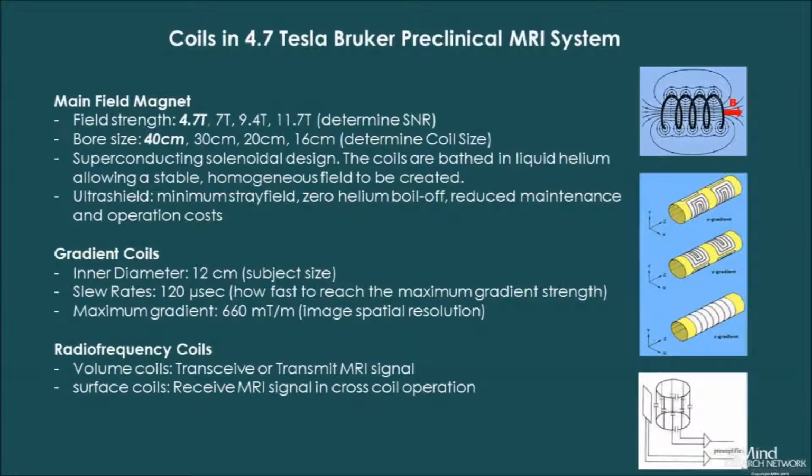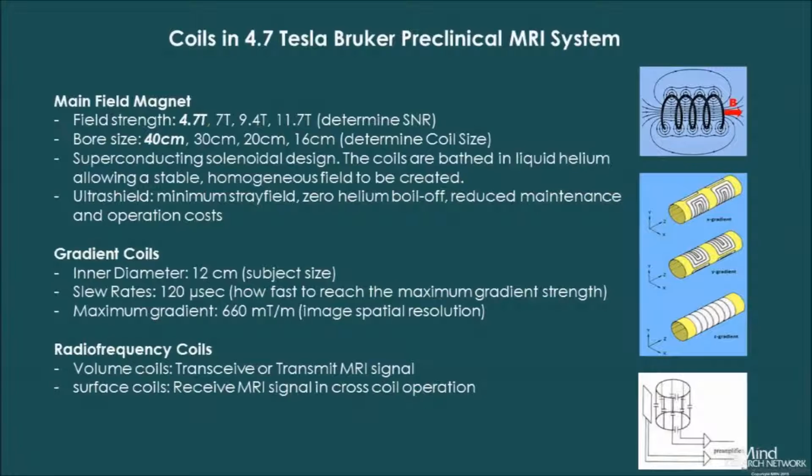The coil is a superconducting solenoidal design, bathed in liquid helium, allowing a stable, homogeneous field to be created. It is actively shielded, which means we have minimal stray field and zero helium boil off, so we have reduced maintenance and operation cost. The second kind of coil is the gradient coil.